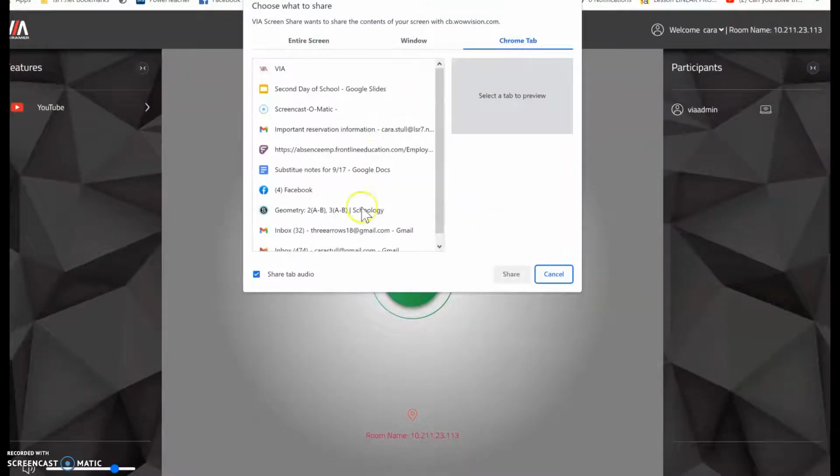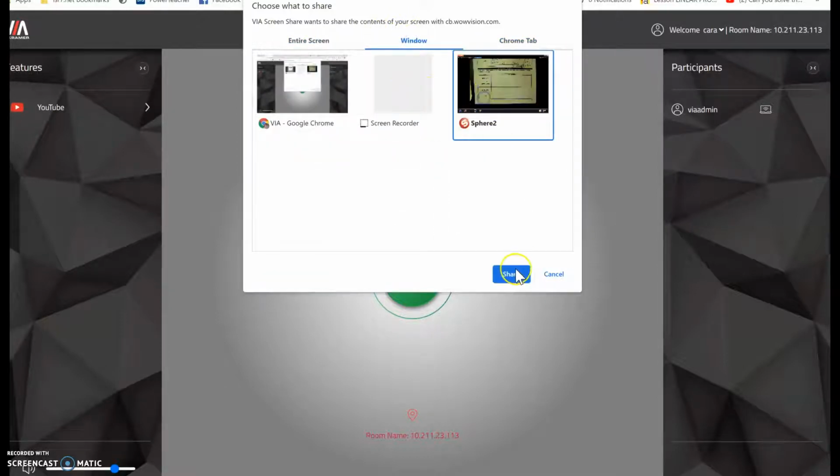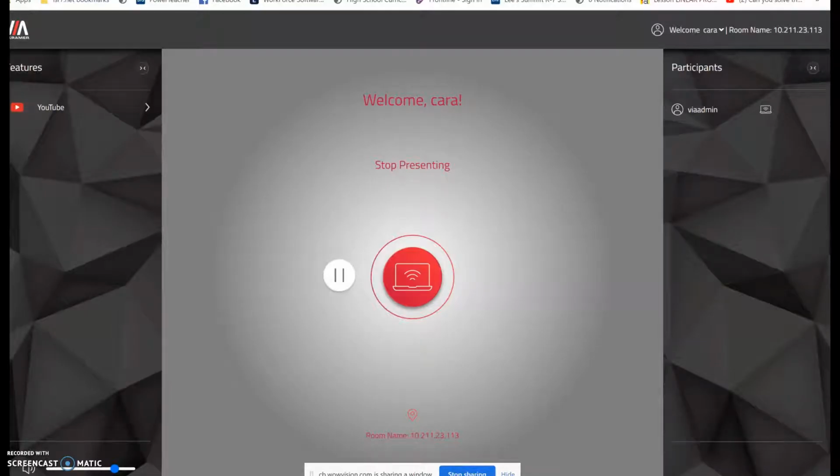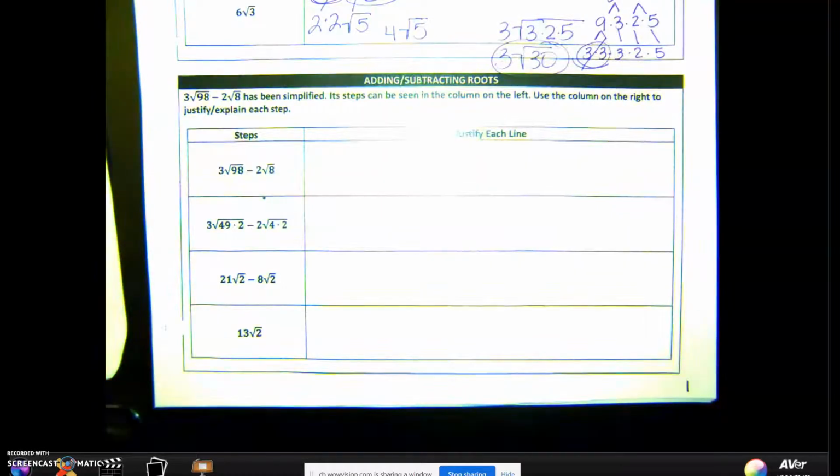Let me get the correct screen up real quick. Right here. All right. So you are going to need to know how to reduce radicals in order to solve these problems.